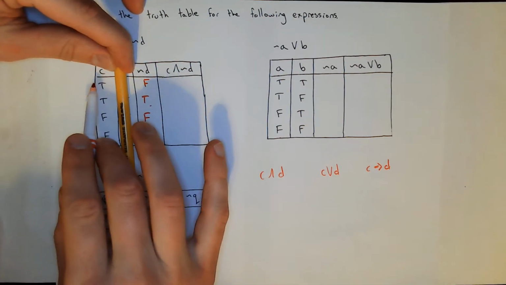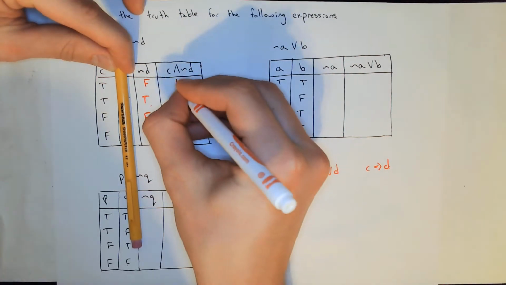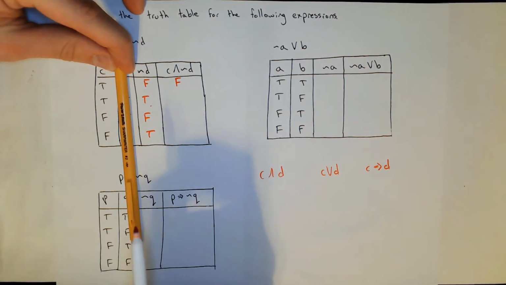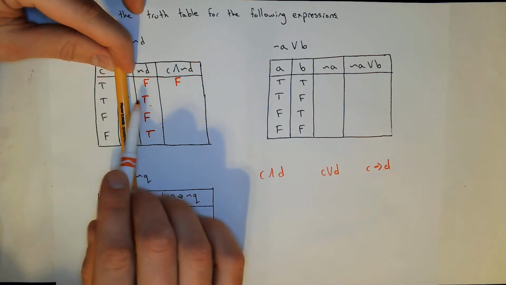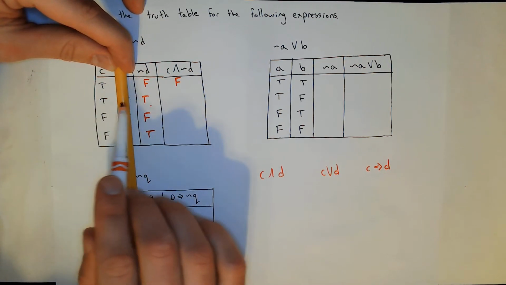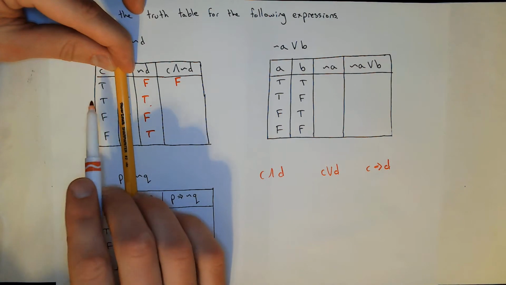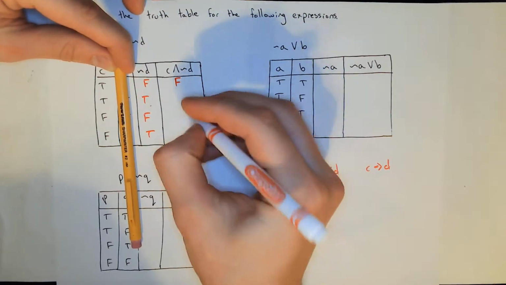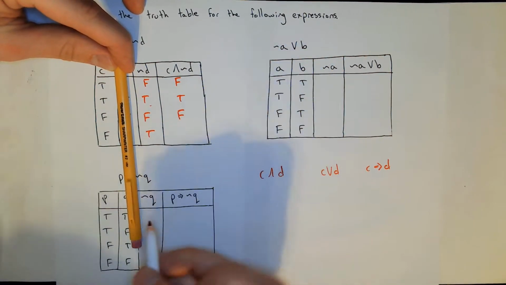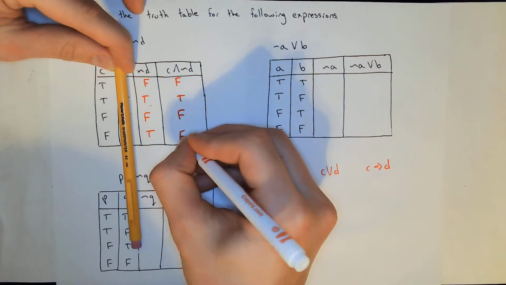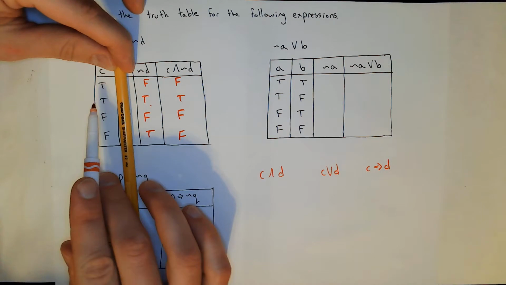So here I've got true and false, which ends up being false. In the second one I have true and true, that yields true. Then false and false, that's definitely false, and then false and true, that's false. The only way it's true is if both pieces are true.